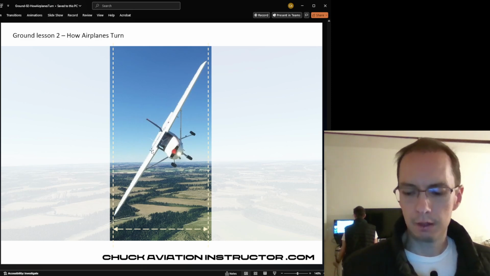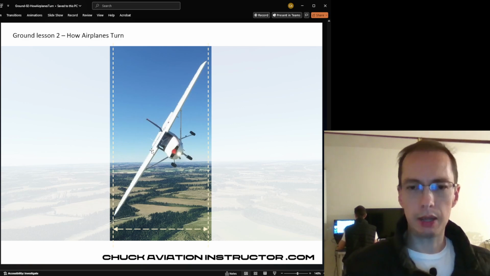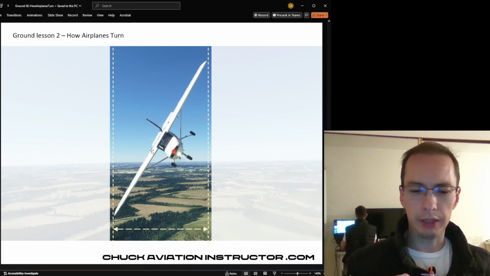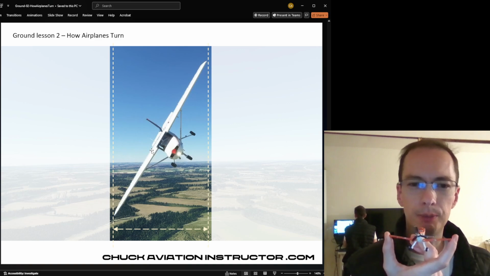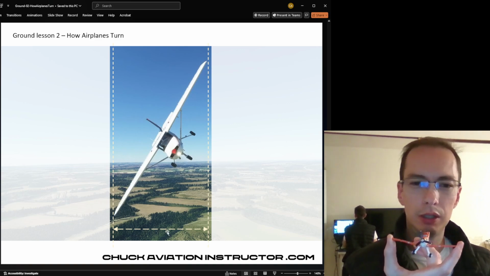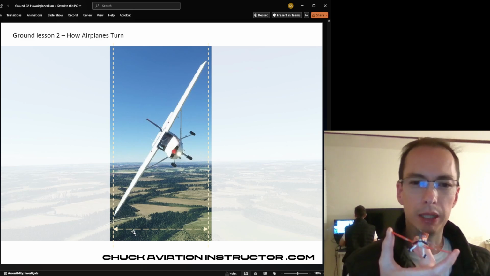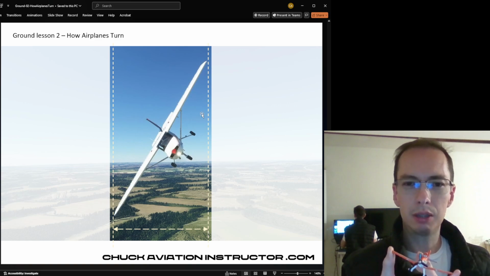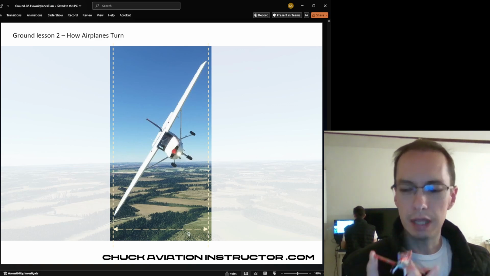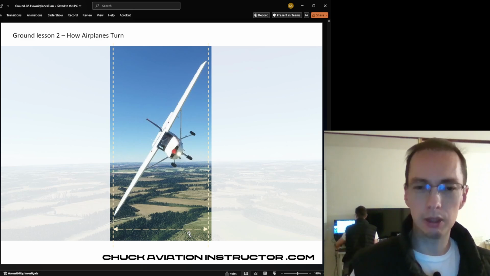The shadow on the ground of your airplane wingspan is going to be much larger when you're flying wings level. But when you bank your airplane, the shadow on the ground of your wingspan is going to be much shorter. That's exactly how much shorter your lift is going to get.